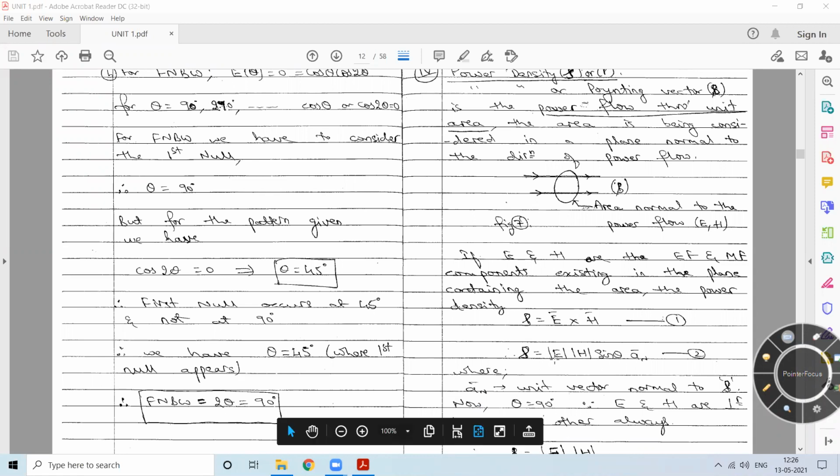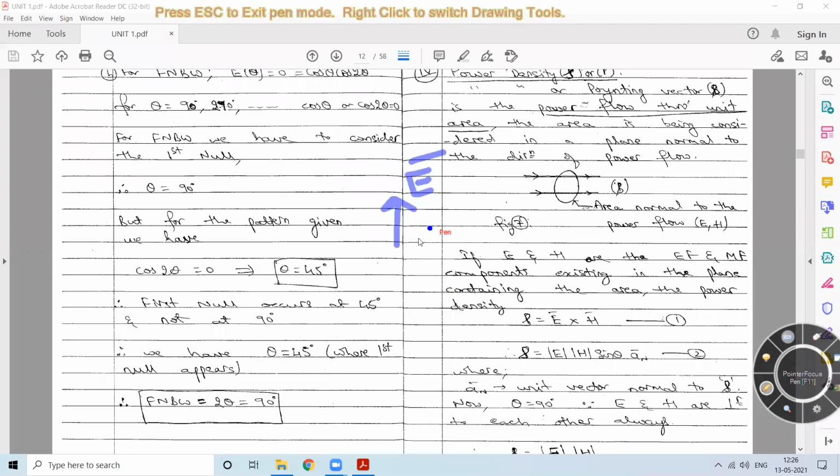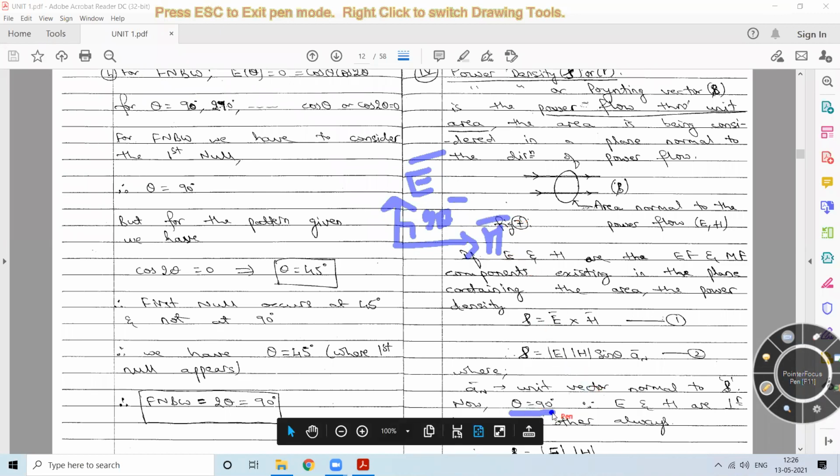Now we know that if the electric field is present in one direction, the magnetic field will be present at 90 degrees. Electric and magnetic fields are 90 degrees apart. Therefore, theta turns out to be 90 in this cross product.